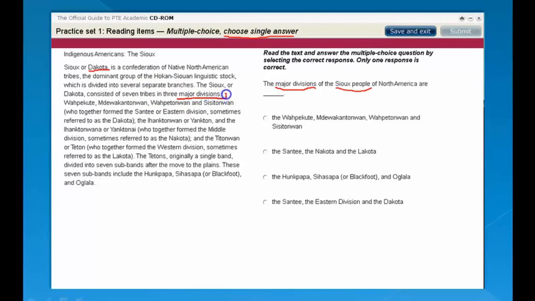Major divisions. And we can see here what they are. Wapekute, Medewakantonwan, Wahapetonwan, and Sisitonwan, who together form the Santee or Eastern Division, sometimes referred to as the Dakota.